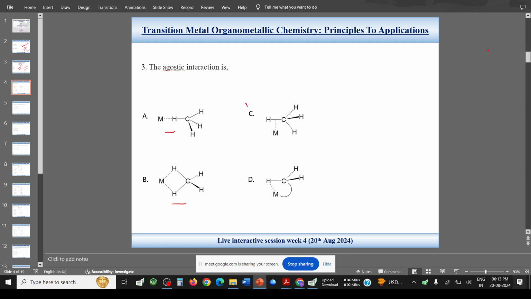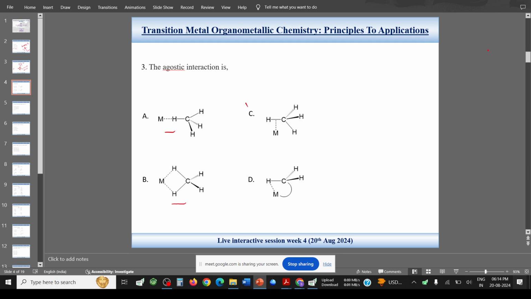But in this, it cannot display any bond length and bond angle. Okay. So in agostic interaction, you are right. That answer is not right. Your option answer, but in agostic interaction, hydrogen should be closer to the metal.